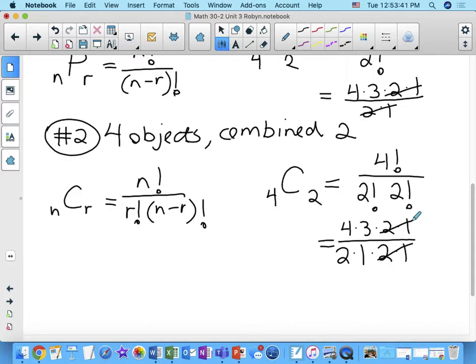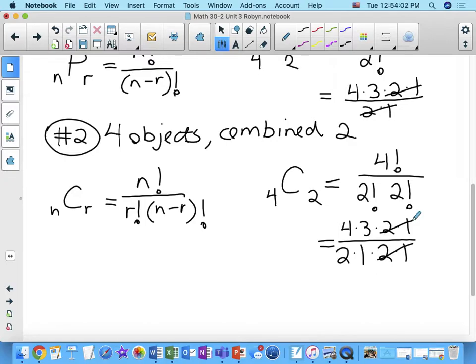But what's happening with this extra r factorial, this extra 2 times 1, is this is dividing out the number of ways that I would have been able to arrange those 2 people if it had been a permutation instead of a combination, right?